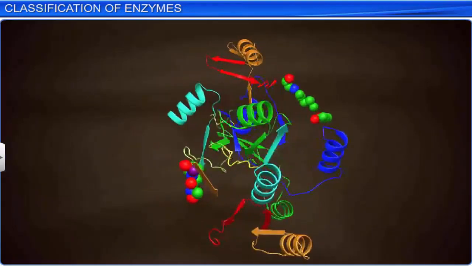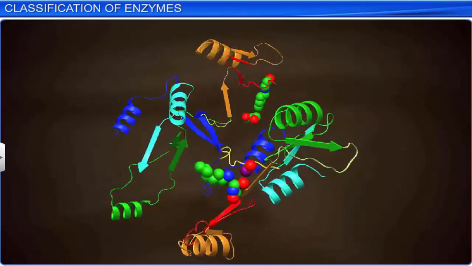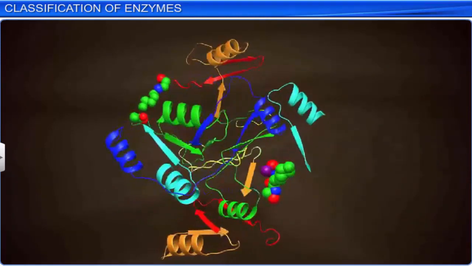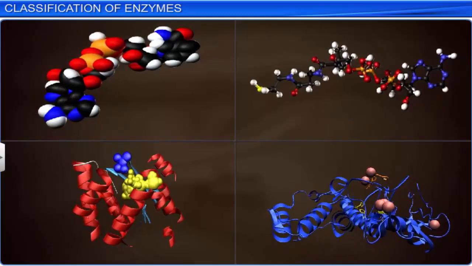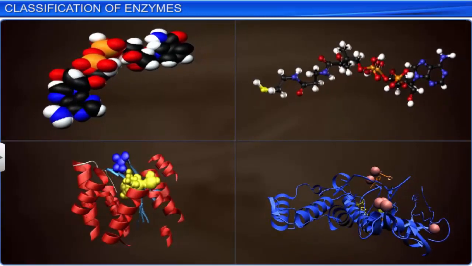Enzymes play a significant role by helping the various processes in a biological cell to take place at a significant rate. Scientists have discovered and studied numerous enzymes.